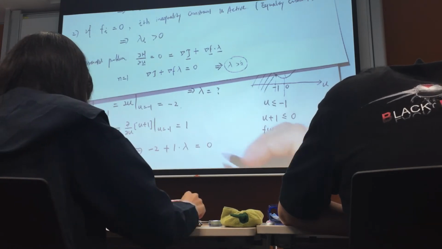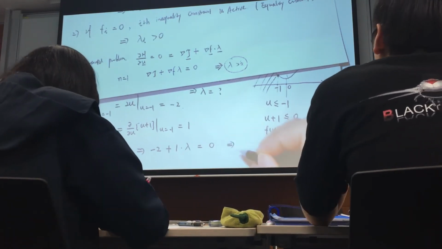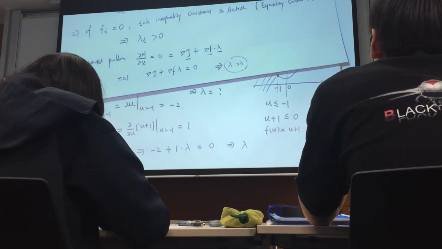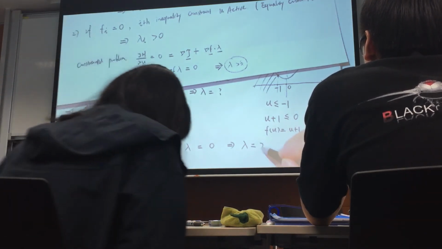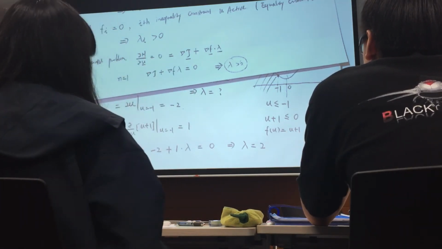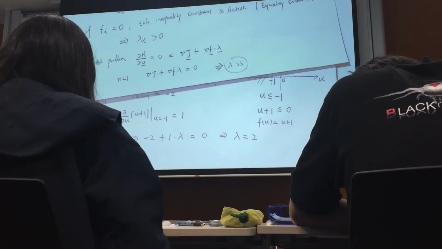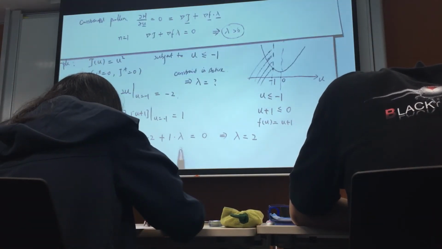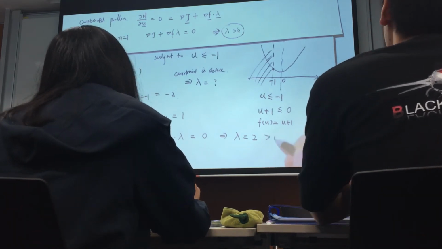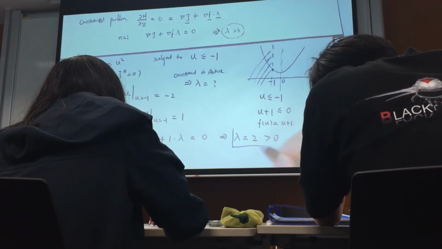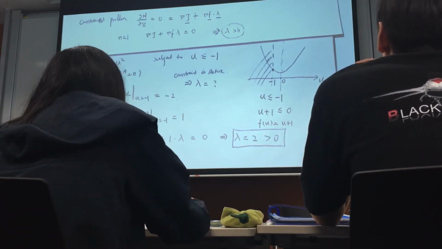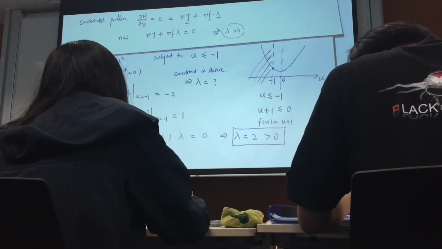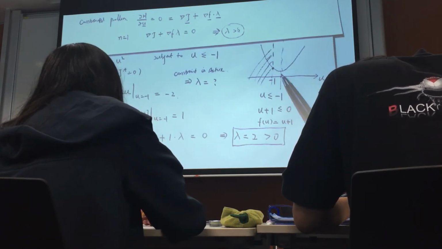So we can decide the lambda. The lambda is given by 2, so this is greater than 0. So this is the first situation.